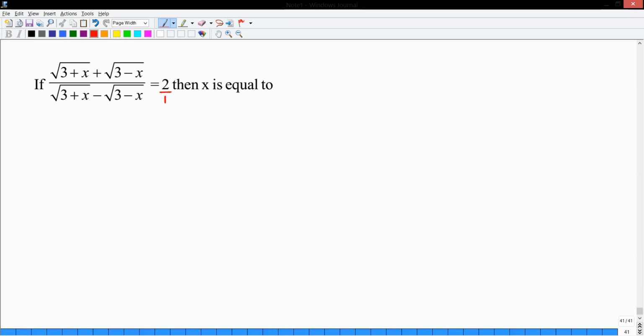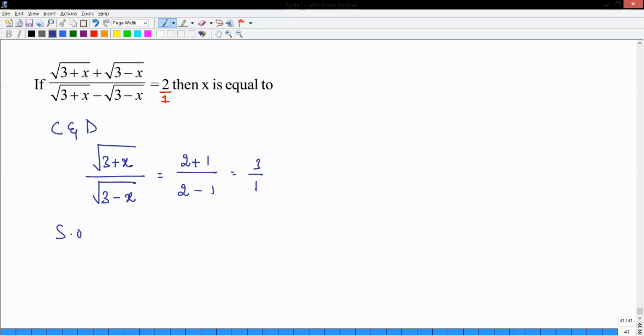Assume that 2 is equal to 2 by 1. Apply componendo and dividendo. This becomes A by B is equal to C plus D by C minus D, which is 3 by 1.